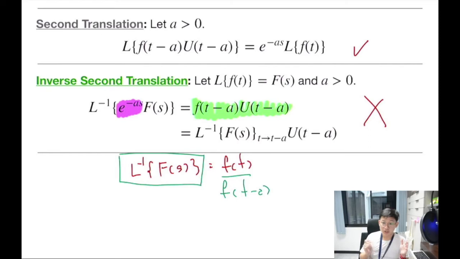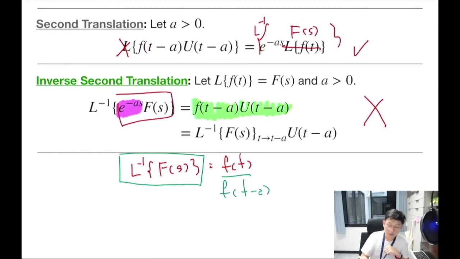It's interchangeable, because you just change your L here and put L inverse here, and this guy is actually F(s). So you basically have this formula automatically, so it is not needed and that's why it's not provided in the exam.